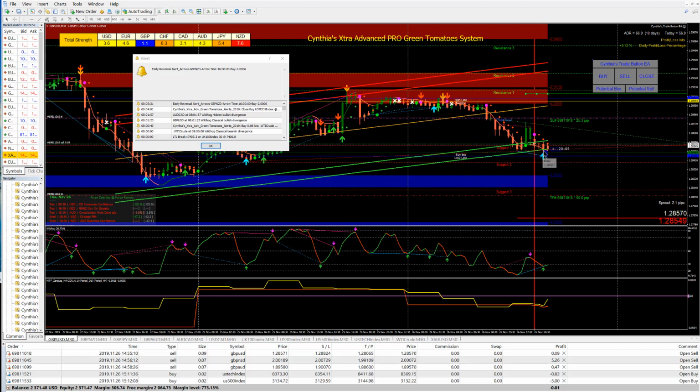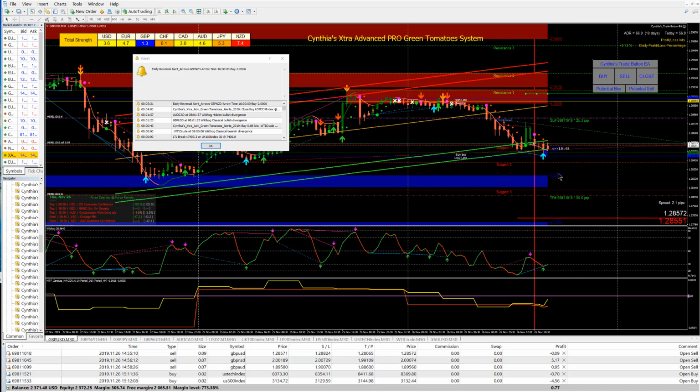So if it pushes past this blue support, then I could manually drag my take profit down even further, except for that I know my trade manager is going to be managing it halfway between the take profit and where price is, where I entered.